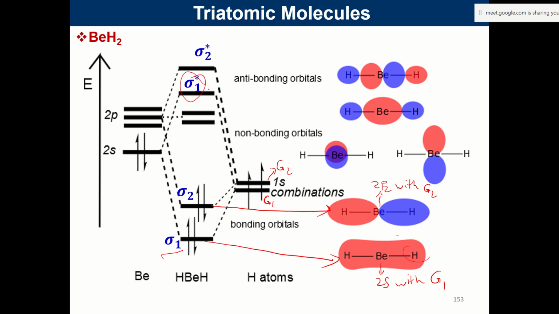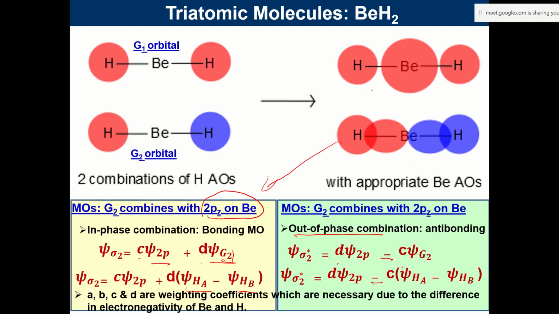So the antibonding combination you are writing is minus G1. That means HA and HB were both positive initially, now both are negative, so the blue color represents that. The blue color that you see there. We considered this combination earlier when we are writing minus.